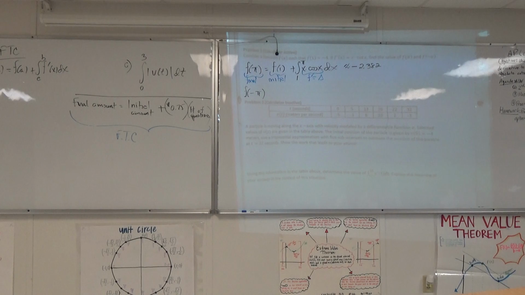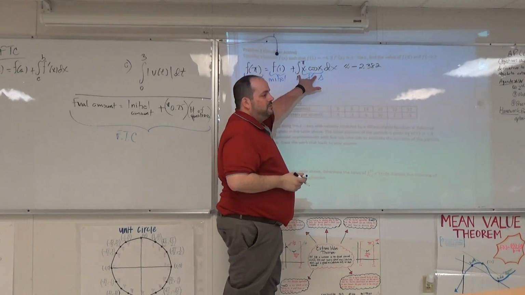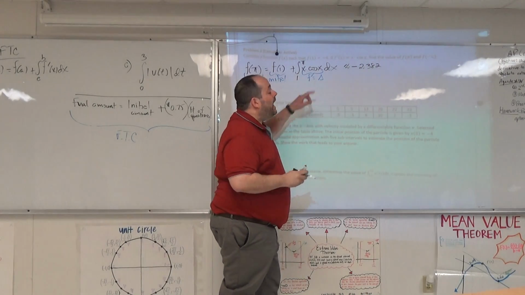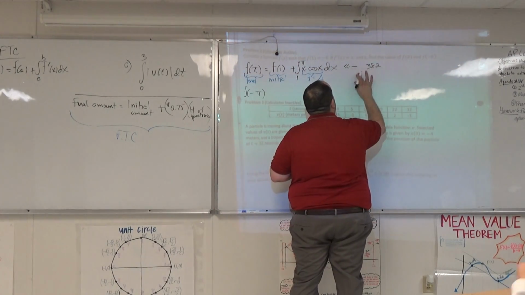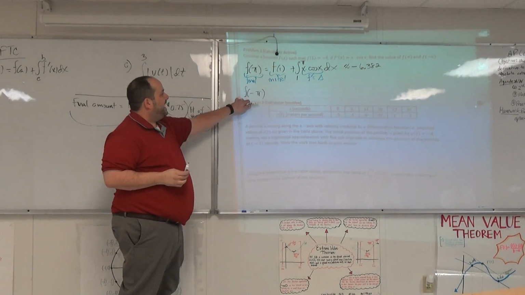Wait a minute. Okay, Lewis and I are getting negative 6.382. Negative 6.382? So I bet when you told me negative 2.382, that was just the value for the definite integral? Oh yes. Okay, thanks. Negative 6.382.